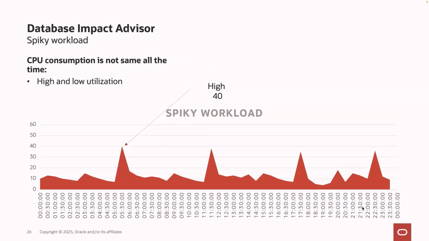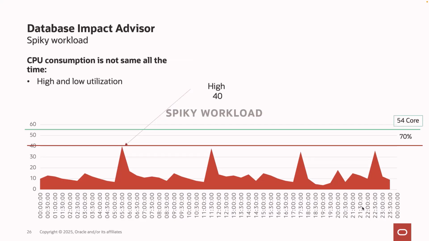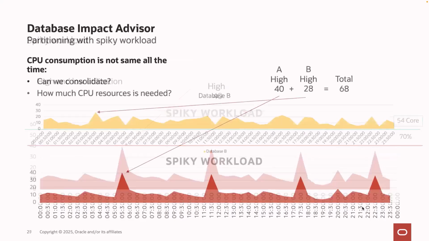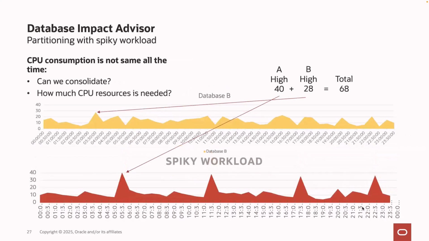This is more a normal situation where we have 2 different workloads. We're starting with workload A, and they have their peak at 40%. It's a spiky workload, and we are around 70% utilization. Then we're adding the next.